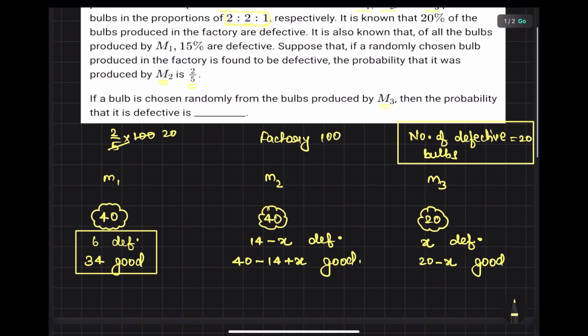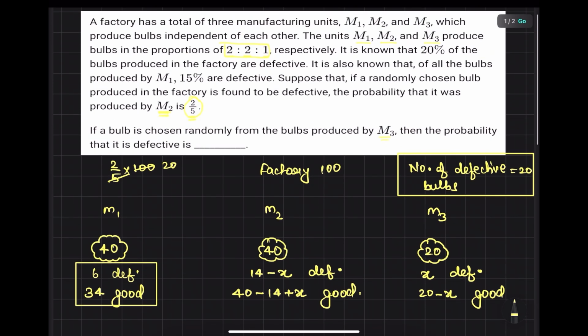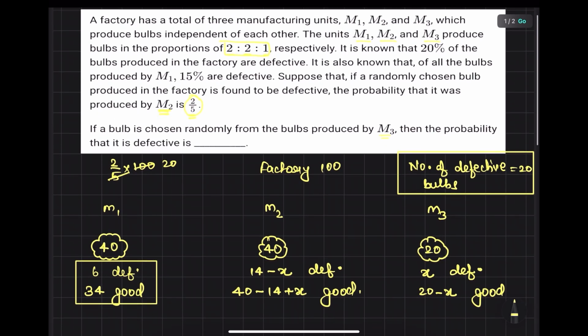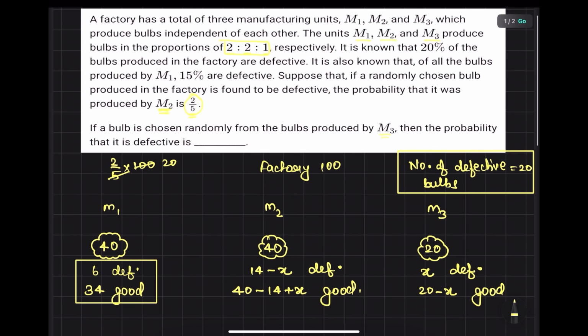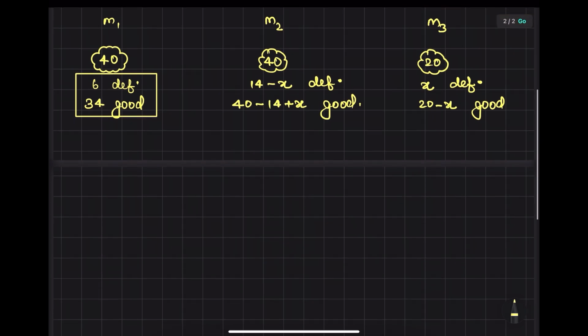Now look at this. They have given you the probability that the defective bulb is from M2. How will we handle this situation? If a randomly chosen bulb produced in the factory is found to be defective, the probability that it is produced by M2 is given. So here you have to apply Bayes theorem.